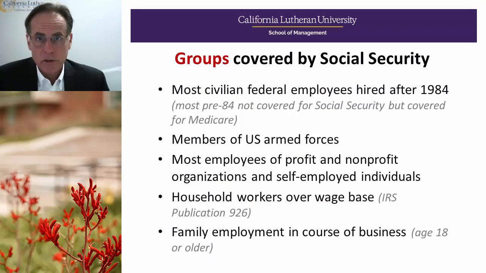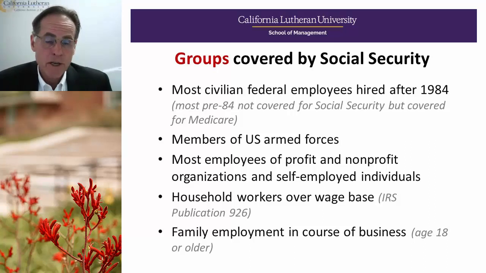So who's covered by Social Security? Most civilian federal employees hired after 1984 would be covered by Social Security. Members of the U.S. Armed Forces are covered. Most employees of profit and nonprofit organizations and self-employed individuals paying into the Social Security system are covered.